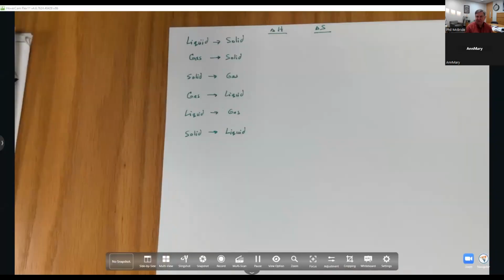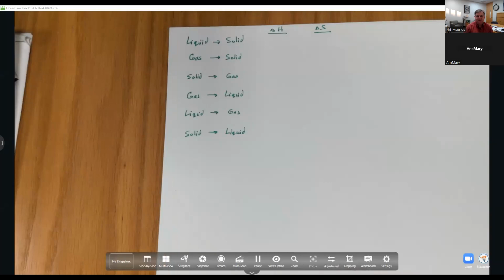All right, if we're going from a liquid to a solid, what can you tell me about delta H? Is it exothermic or endothermic? Liquid, water going to ice. Does it absorb energy or does it release energy? It absorbs energy.